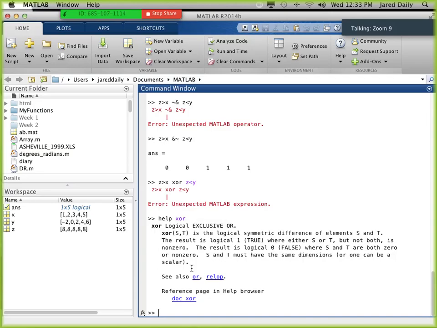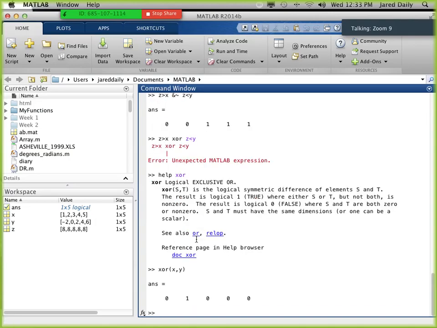And that's kind of strange. So in this case it wants us to do XOR like this: XOR and then put our values into it like a function. I wonder if it'll allow me to put in logical Boolean operators in there. Let's just put x comma y in there and see what happens.